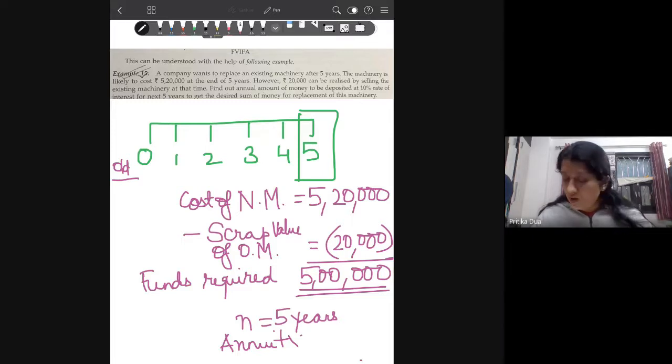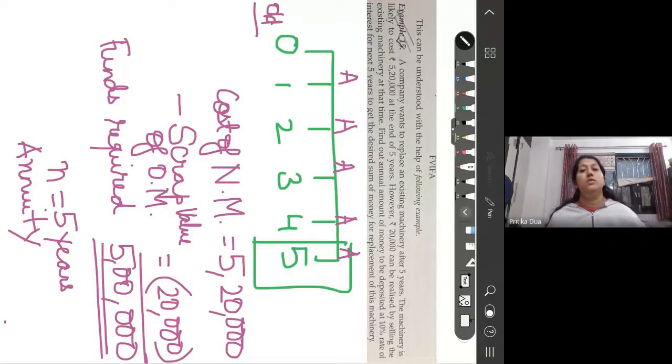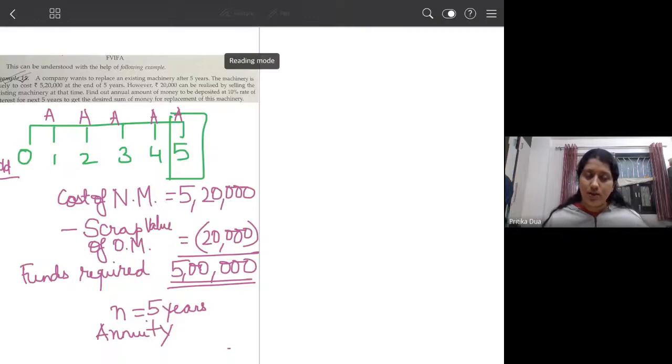So in our case, what we know is that this is a question of annuity. We need to know the annual amount every year that needs to be deposited, that grows to 5 lakh rupees at the end of fifth year. So now this question can be solved in two ways, but I'll tell you the easier way. If anyone wants to know the other way, then I can explain that also. But to avoid confusion, I start with the easier way.